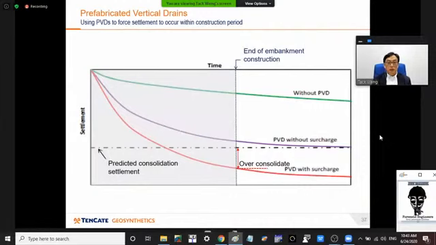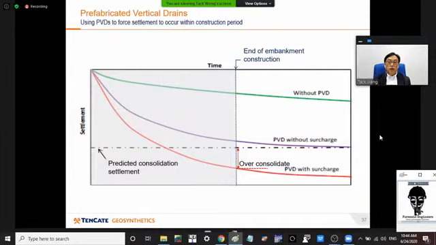How does it work? What you can see here is that the green line shows the settlement with time when PVD is not used, and you can see it can continue to happen even after decades.